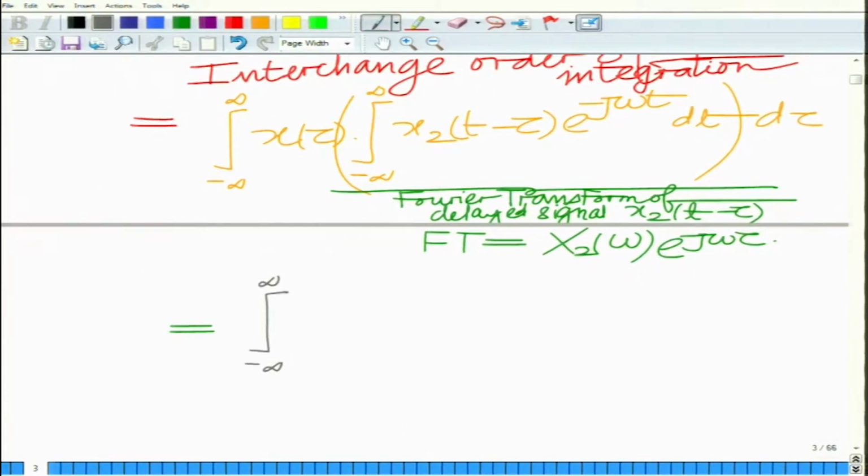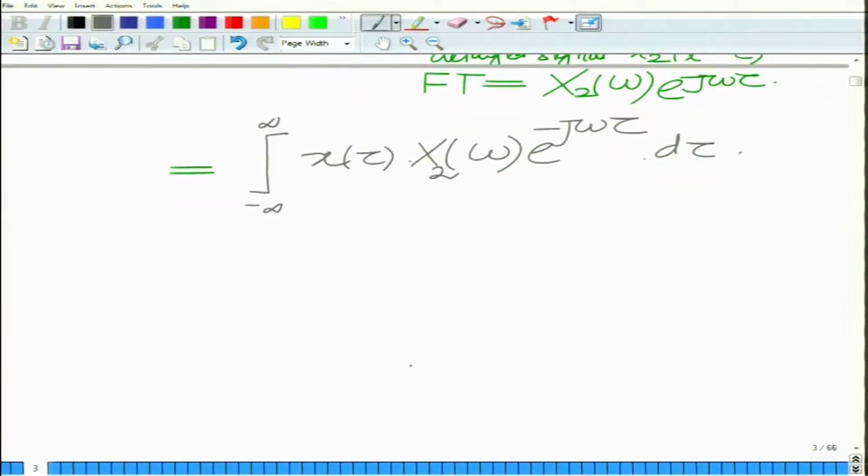Therefore, we have the integral from minus infinity to infinity of x1 tau, substituting X2 omega e raised to minus j omega tau d tau. Now, X2 omega does not depend on tau, so that comes out of the integral.